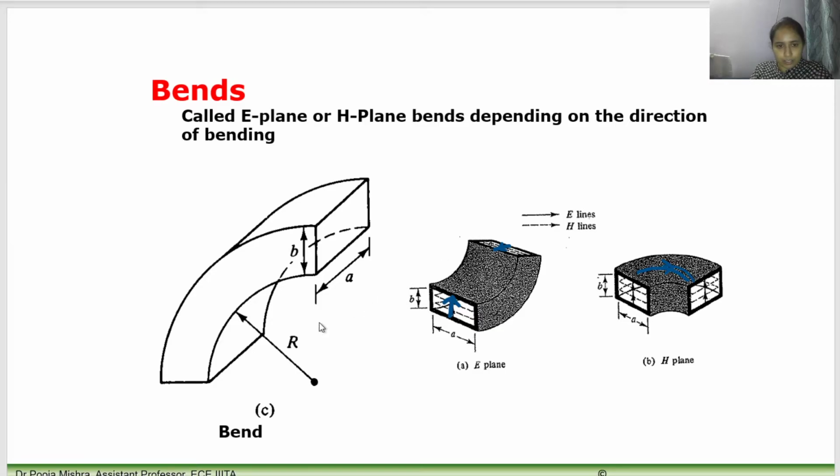This is R. Radius of curvature R is 1.5b. b is the dimension of the narrower wall and a is the dimension of the broader wall. So E plane bend is the bend which changes the direction of electric field, while the H plane bend is the bend which changes the direction of magnetic field.